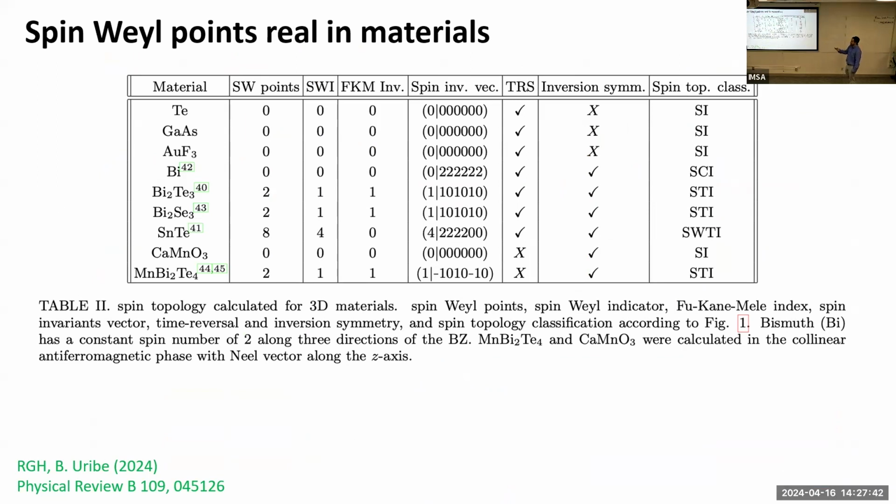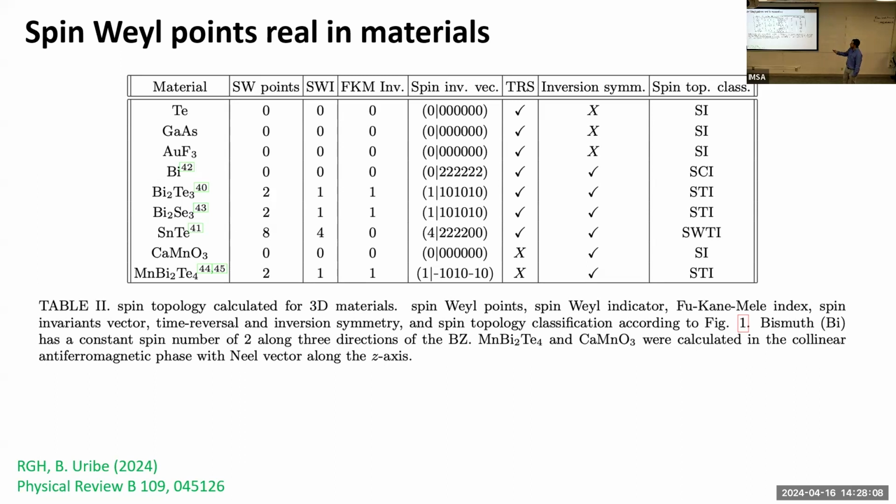But we can use the information of the spin, our spin indicator or the spin vector indicator, to characterize these phases in another way. Because now we have different names. For example, this crystal topological insulator could also be characterized with this spin topology.